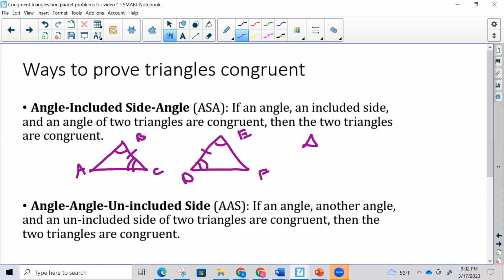So I could say triangle ABC is congruent to triangle, and I'm going to match them up again. So A doesn't have a mark and F doesn't have a mark, so they match. B has one mark and E has one mark. And then C has two and D has two. So these are congruent by angle, side, angle.